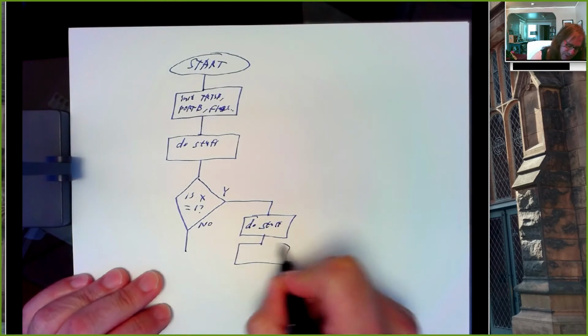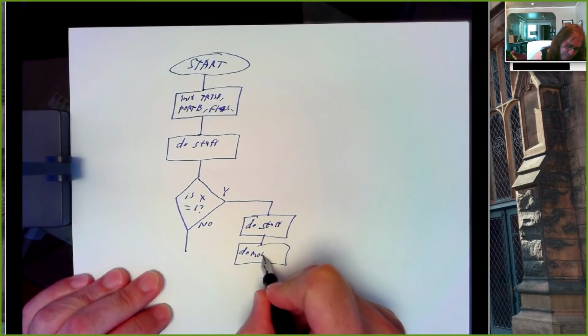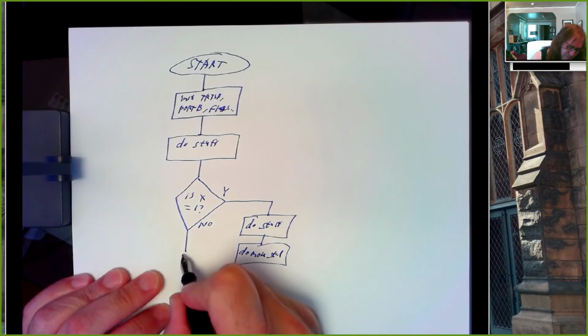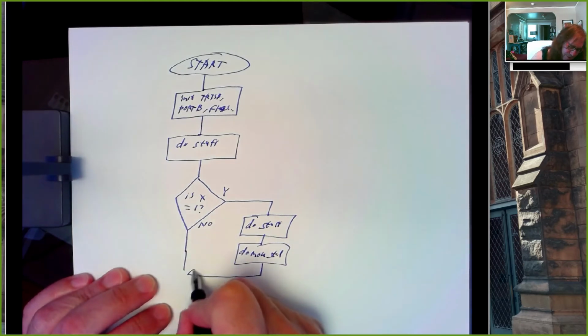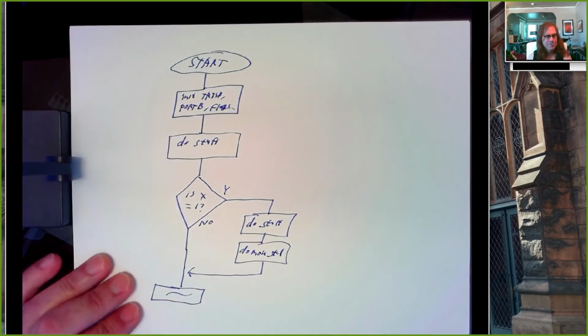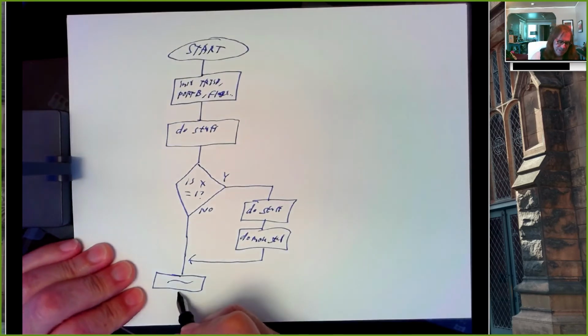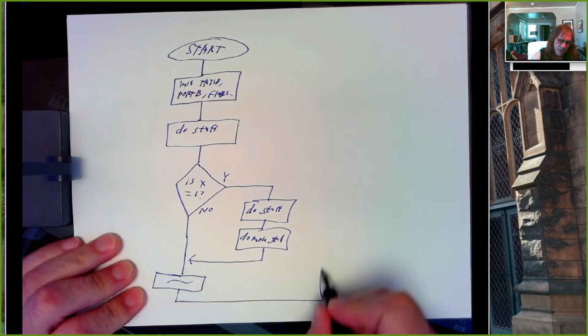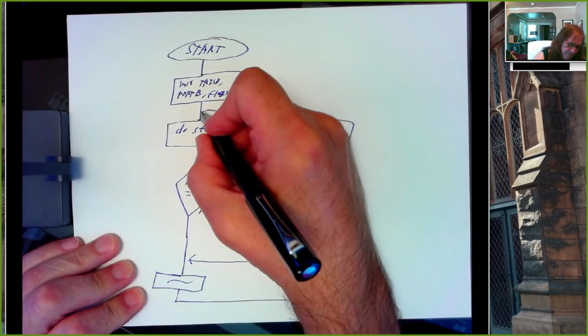Maybe does a few things. And then, at some point might come back to this main branch of stuff we're going to do. And then maybe somewhere down here, we go back up to somewhere else.